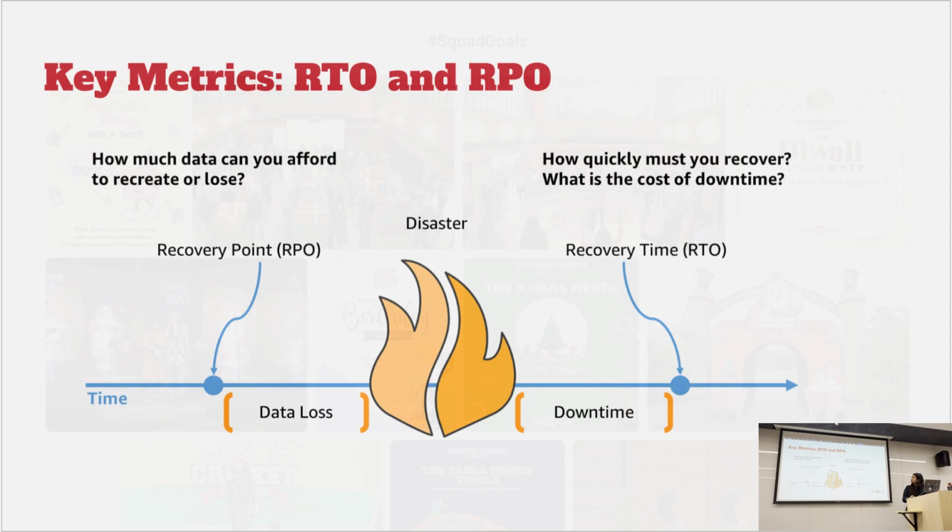And RTO is the total time it takes you to recover, to come to the point where you can bounce back and work as expected, the time taken to recover quickly. That is how RTO and RPO are defined whenever you are defining disaster recovery parameters.